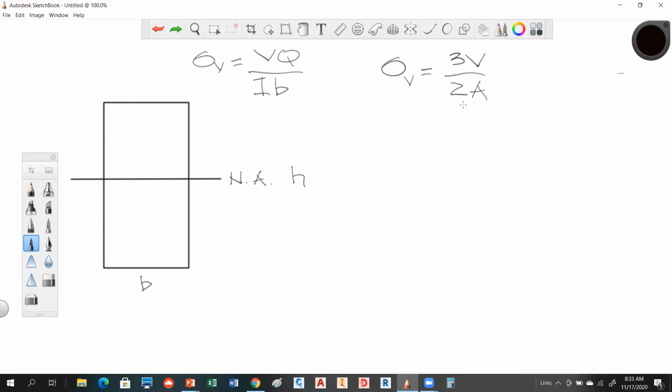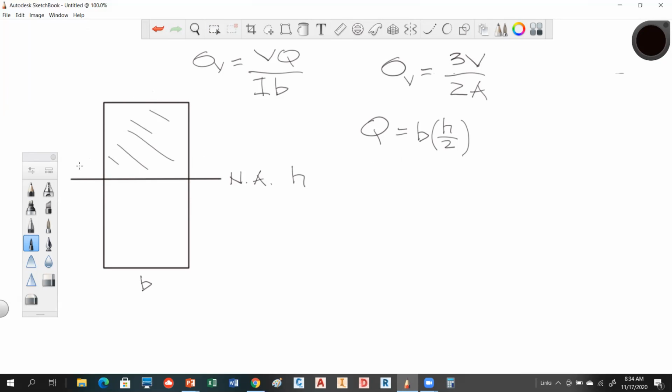If we look at the definition of Q, we should be able to write it. Q is the area of this, and we're looking at this section right here. So the area would be the base times half of the height. Everybody agree with that? The area of that crosshatch is base times half the height.